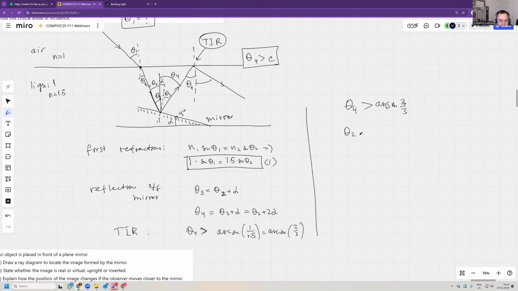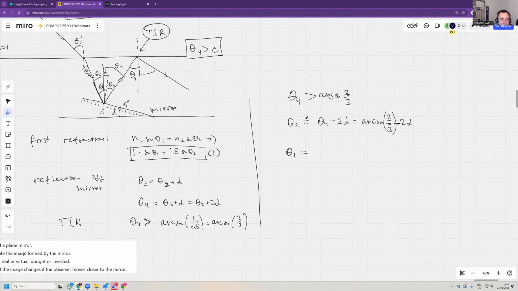Theta 2 is equal to theta 4 minus 2 alpha, which is arc sine 2/3 minus 2 alpha. And then theta 1, so theta 2 must be greater, yes, than that.